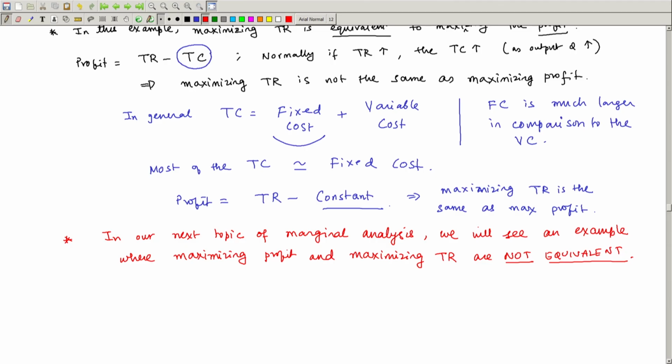In fact, in that instance, we need to be very specific about what the objective is. Is the objective maximizing revenue? Is the objective maximizing profit? You are going to get different answers based on what the objective is.